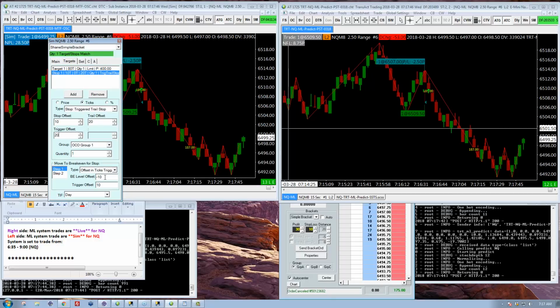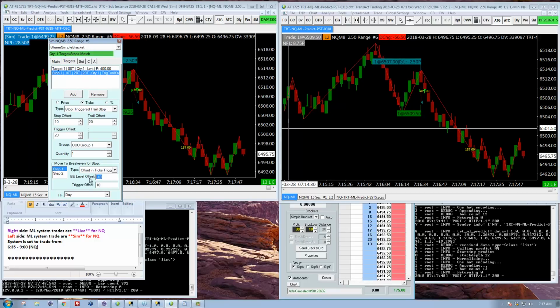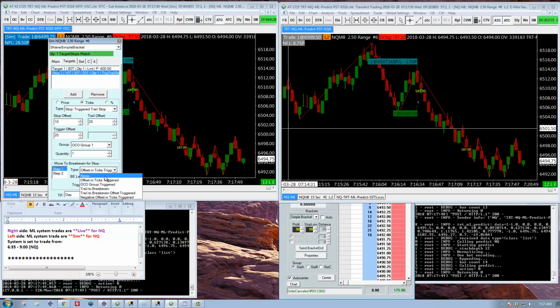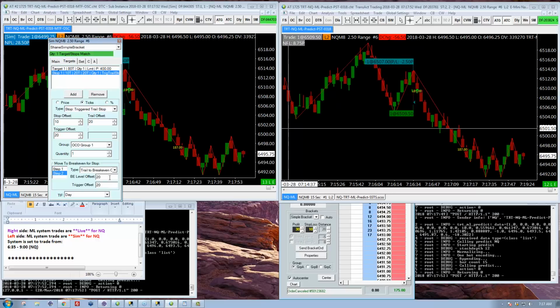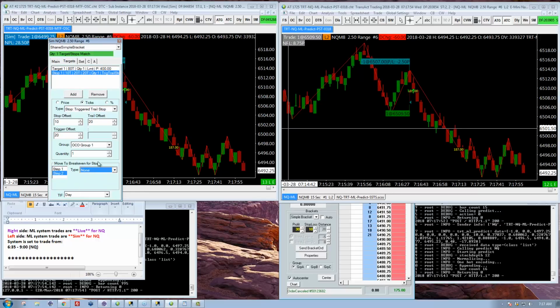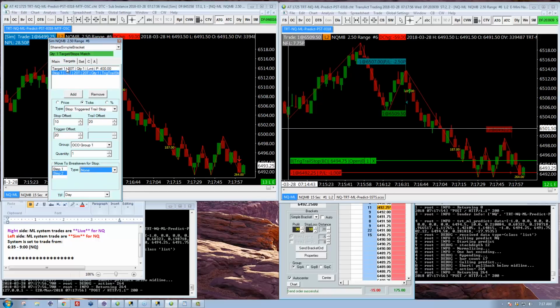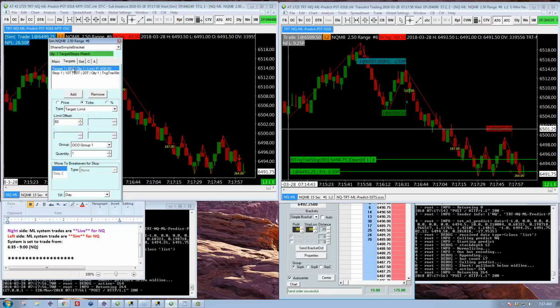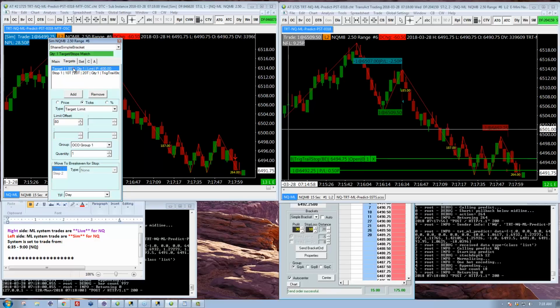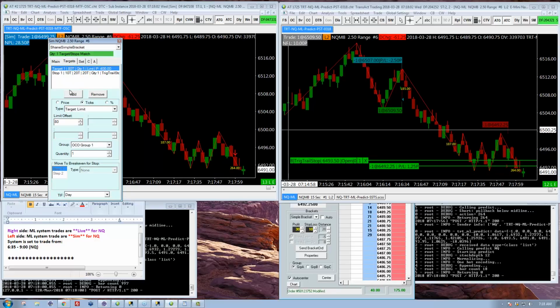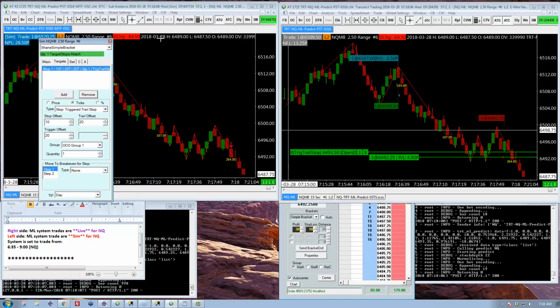I don't even want to do this, so just none. I'll just take the 10 tick stop. Okay, and then what we can do is just remove this target altogether. We'll remove the target. Okay, so the left side now has no target.